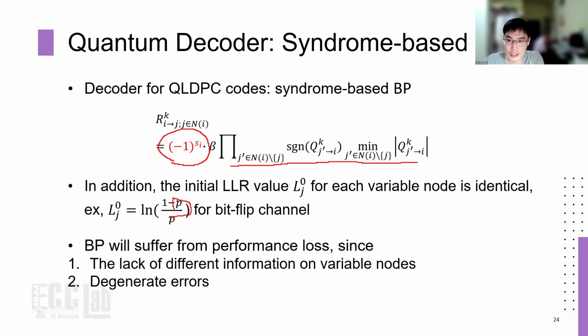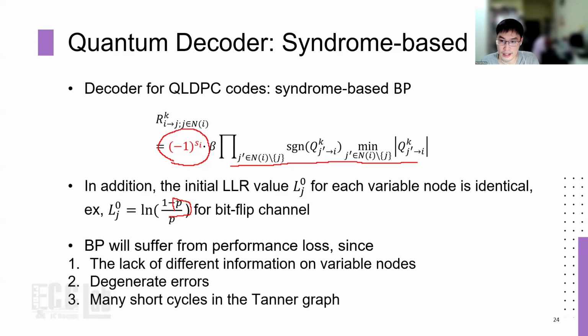In addition, degenerate errors will result in many errors with the same weight and the same syndrome, so BP cannot decide which one is the solution and fails to converge. Last, there are many short cycles in the Tanner graph, which violates the assumption of BP, which is the independence of each variable node.